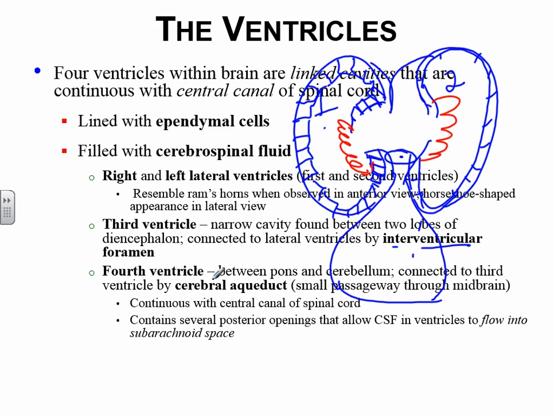So lateral ventricle, or 1 and 2. This is my third ventricle connected by my interventricular foramen. And then it has this little skinny channel referred to as the cerebral aqueduct that connects me to a triangular shaped fourth ventricle. Now, all of these are lined with ependymal cells.